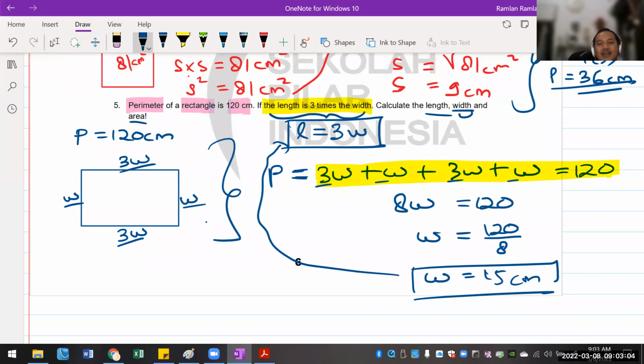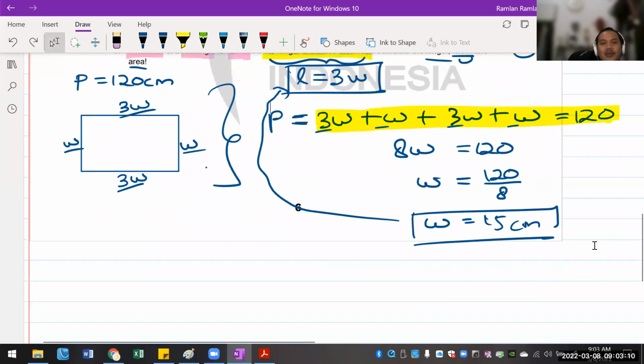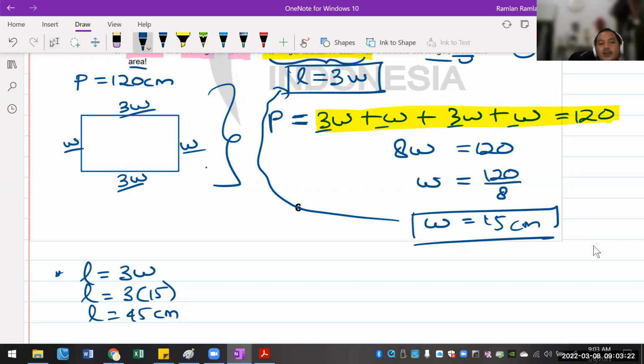We can use that because we already know the value of W, which is 15, so that will be 3 times 15, which is 45 centimeters. And there you go, you have the length.